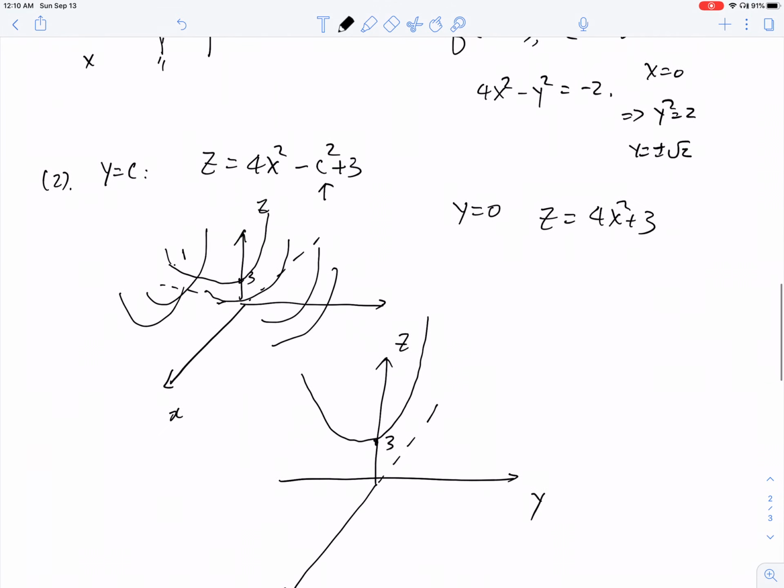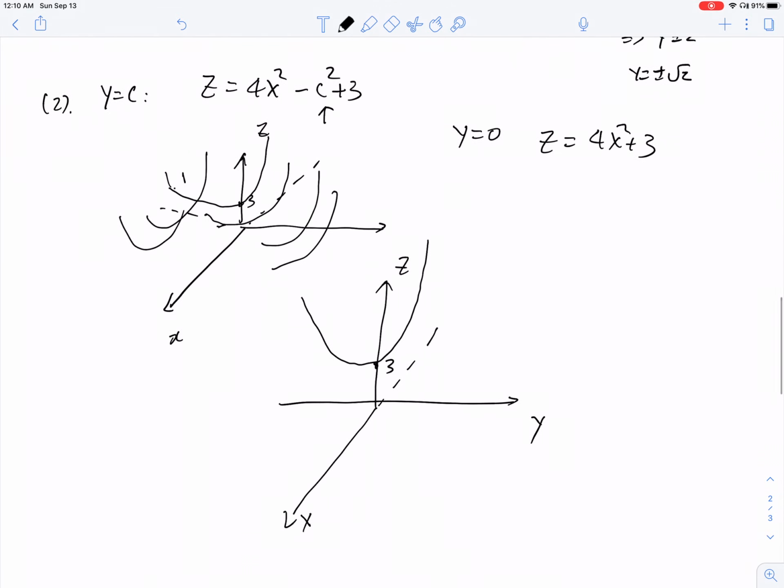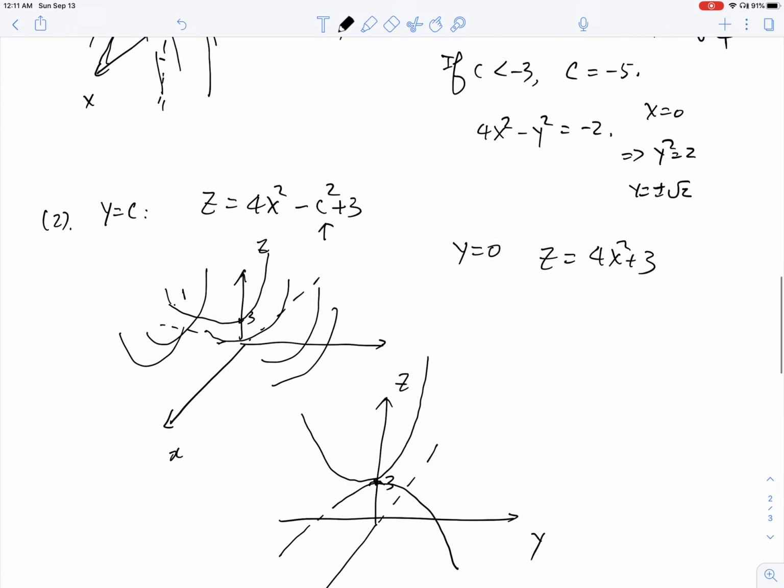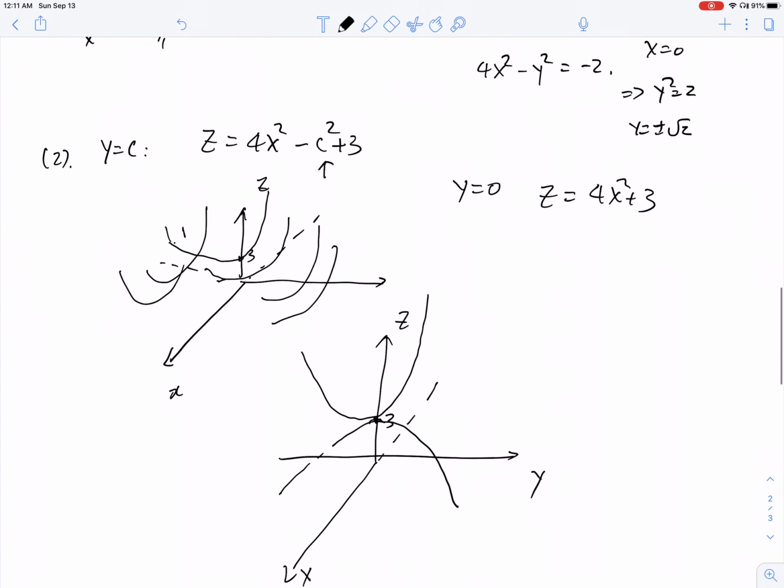But in the yz plane, we're going to have something like this. And then we're going to try to move along this line over here. So these are going to be the xz ones, and like that, and like that. That's actually the number 2 over here.